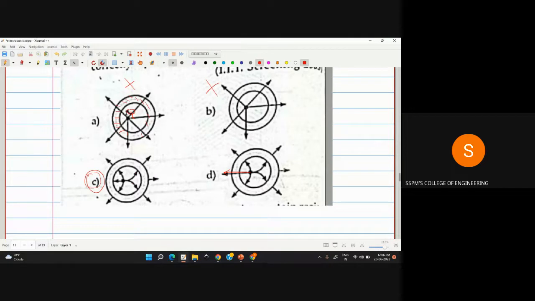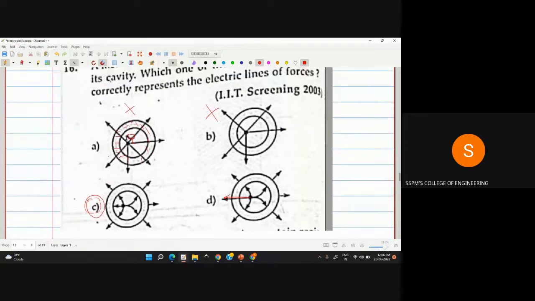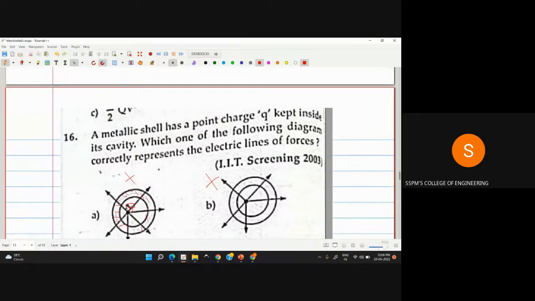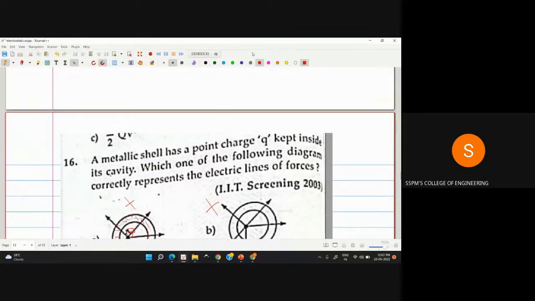It indicates that the lines of field are not passing through the metallic shell. So option C is the correct answer, isn't it? So in this way you can find the answer to a question related to electric field or electrostatic field.